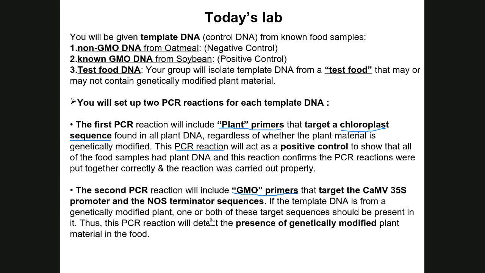So now I can just extract it from the food and I can run a PCR reaction using GMO primers that will detect some of that GMO DNA, specifically CAMV promoter and the NOS terminator. Okay, so for each template DNA, you will set up two PCR reactions, one with plant primer and a second one with GMO. Okay.